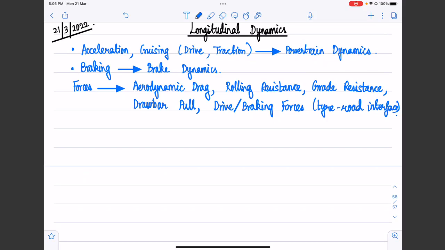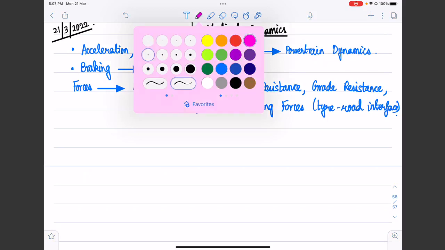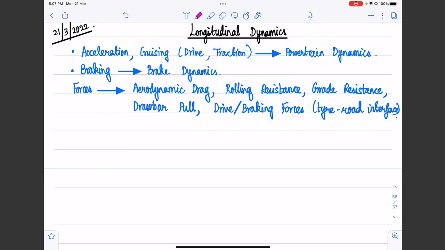Now, if you look at these forces, aerodynamic drag, rolling resistance, and grade resistance when you go up on a grade, and drawbar pull, all those are resistive forces. Okay, so in the context of acceleration or powertrain dynamics, they are also called loads.